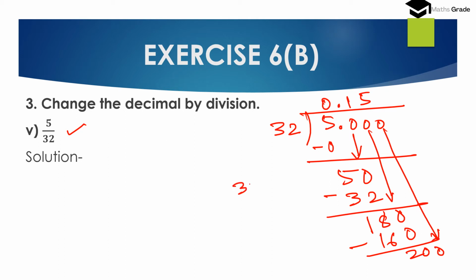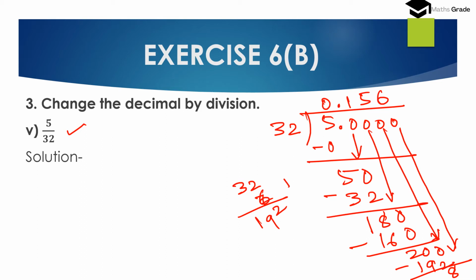Now in the table of 32, 7 3 is bigger than 200. So 6 2 is 12, 6 3 is 18 plus 1, 192. So 32 multiplied with 6 is 192. Now 200 minus 192 is 8. Now write this 0 here, 80.